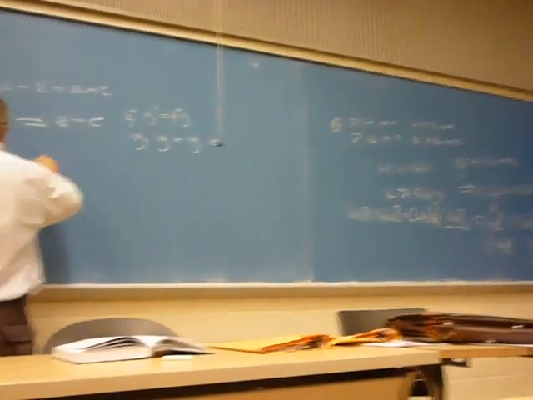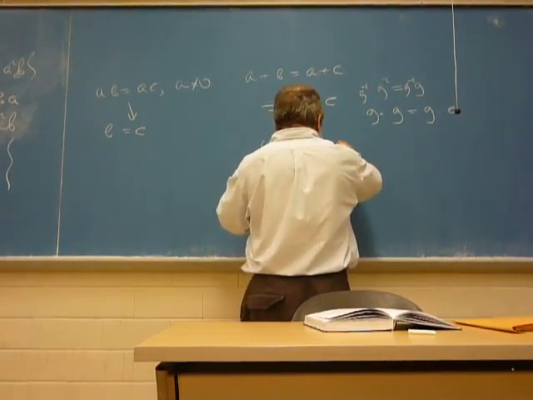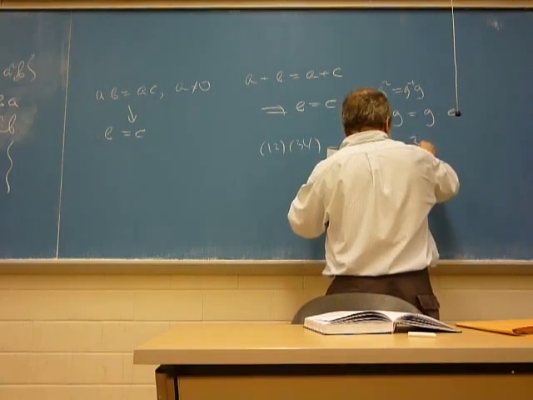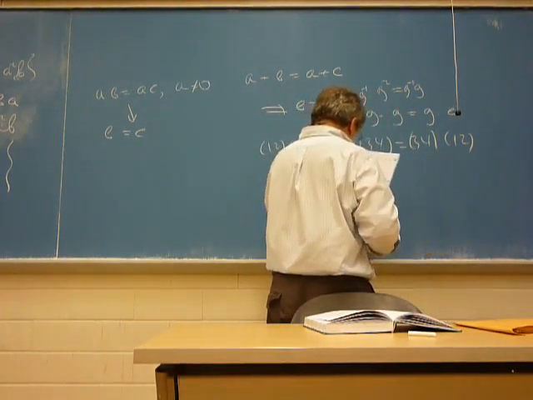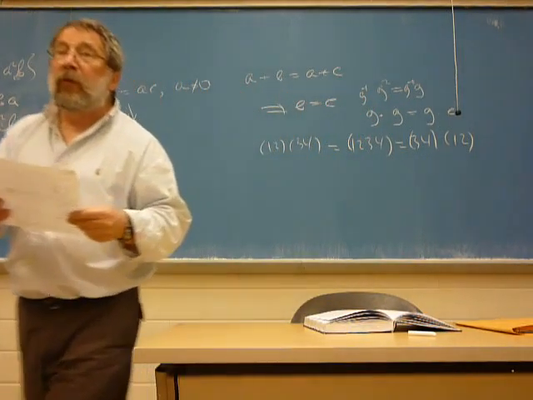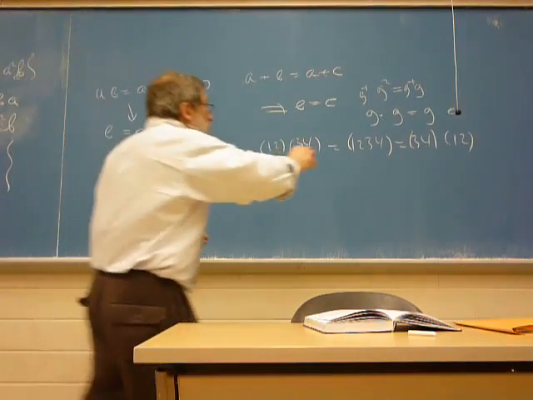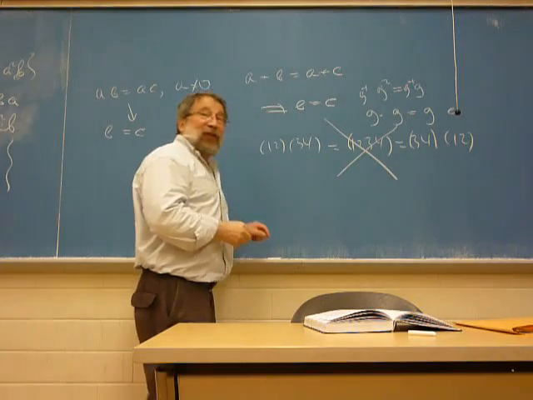1, 2, 3, 4. I'm copying it from your notes. Okay, and something is certainly wrong here. I must have had a typo. Which part is wrong? The middle part, because it's not before. But otherwise it's correct.